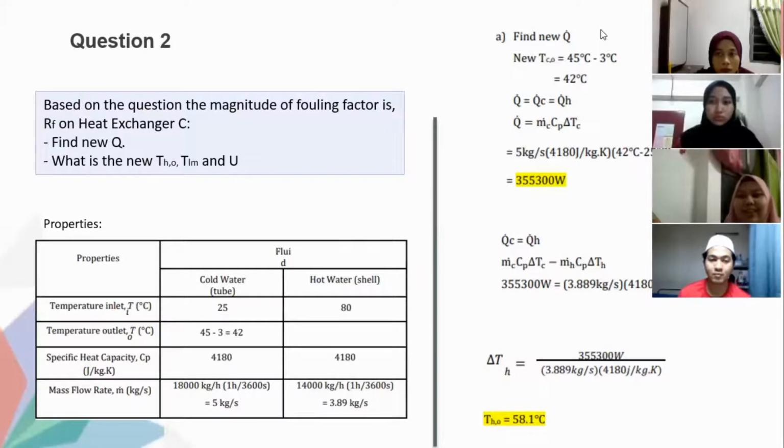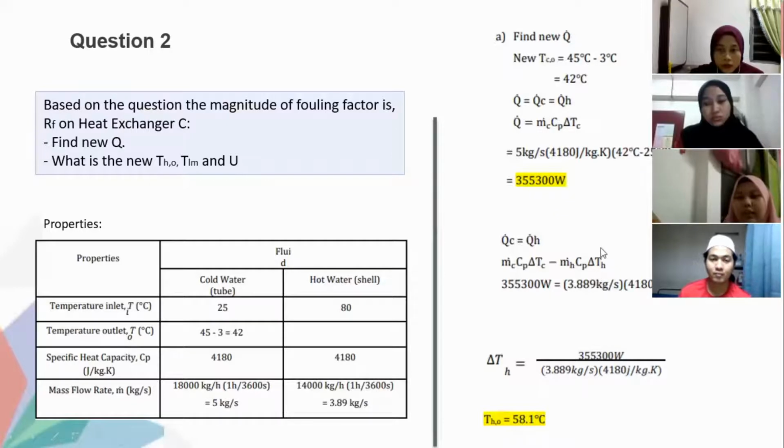Okay, we know that Q equals Q cool equals Q hot. So to find the Q, we can use the equation mCp delta T. Since we have all the values for the cool fluid, we use m_c Cp delta T_c.